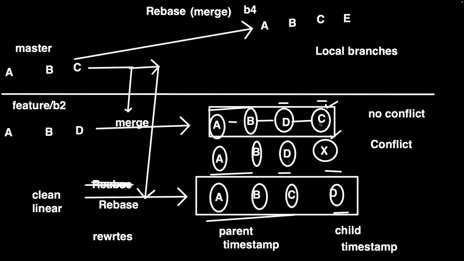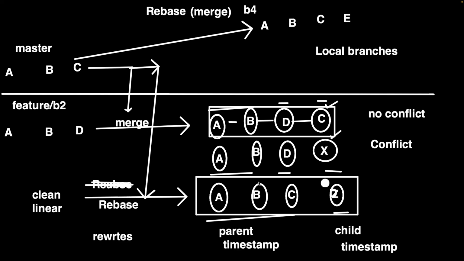If there's no conflict, the same C will come here. If it's a conflict, there'll be something like X. Oh, you are talking about this one, I think. Okay, this commit ID, yes, this will be a different commit ID. Order will be the same, but it will not be D. It will be something like, let's say, Z. Yes, this ID will change.